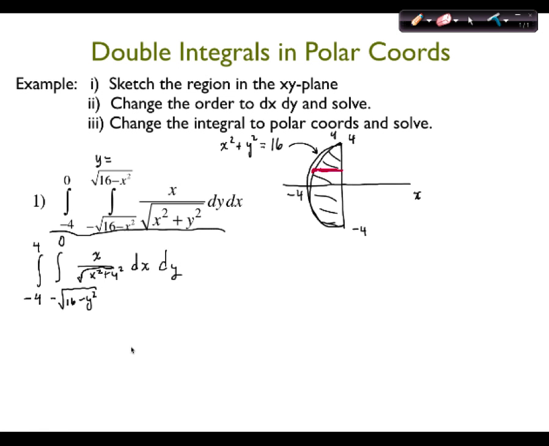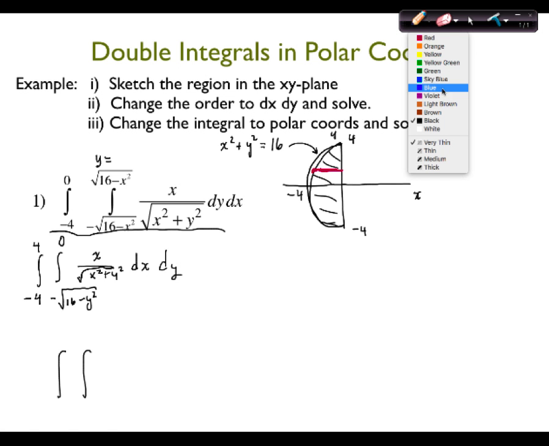All right, now polar. So in polar, we just practiced, so we're going to write the limits. What are the limits? What variable comes first? R. So R goes from zero to what?